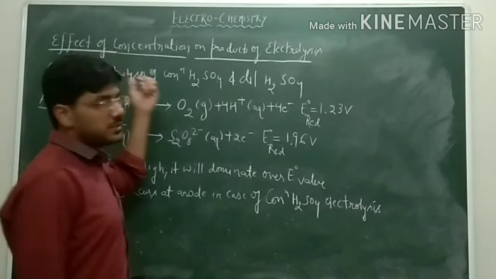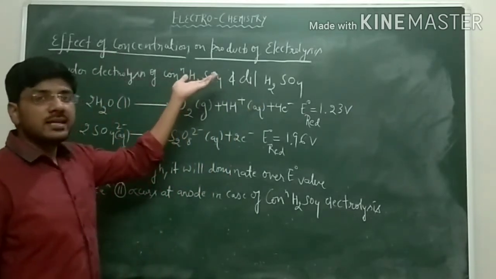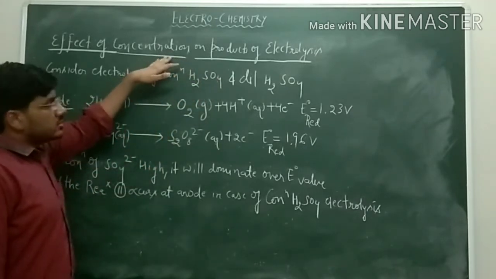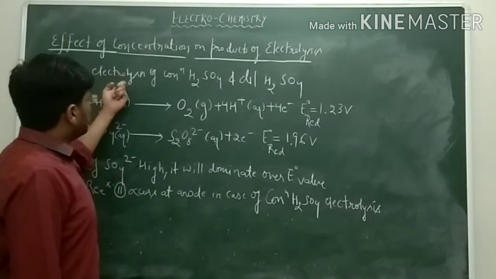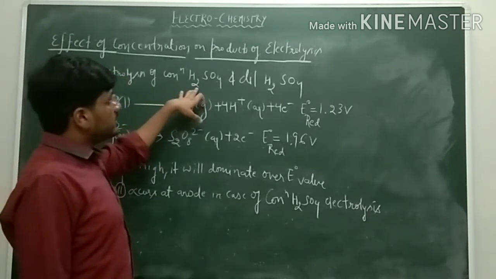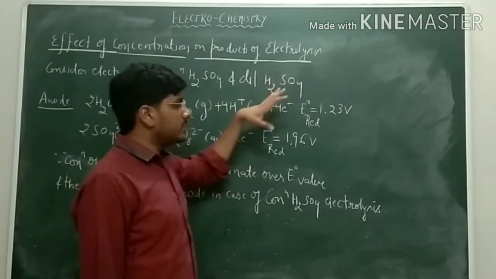Now let us consider another important factor which affects the products of electrolysis, that is the concentration of the electrolytic medium. Let us consider the example of the electrolysis of concentrated sulfuric acid and dilute sulfuric acid to understand this.